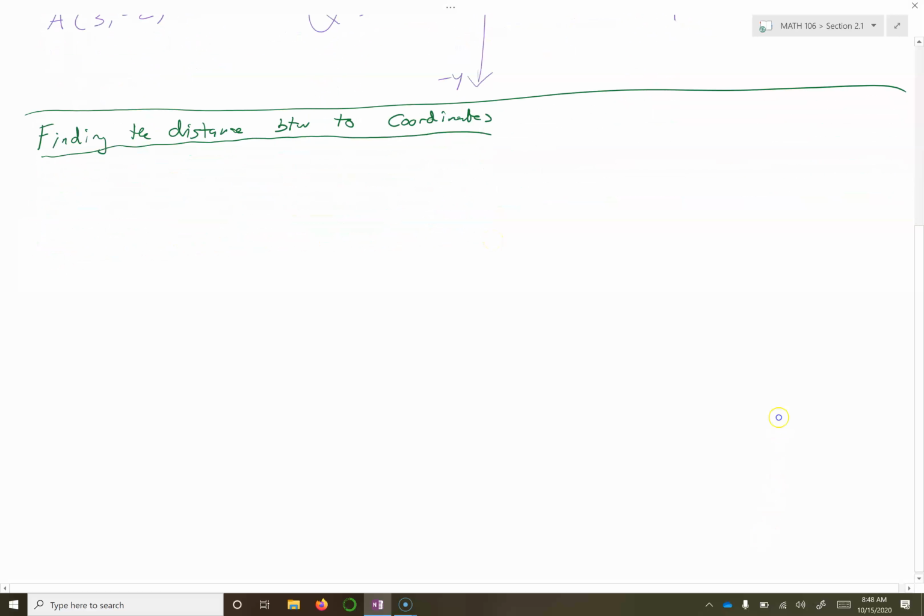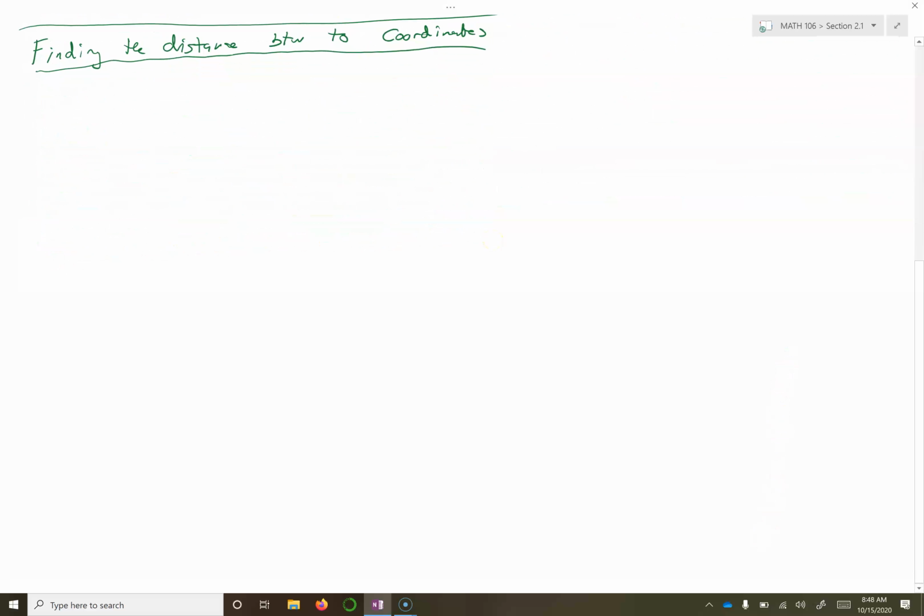Finding the distance between two coordinates. All right, so I'm going to give you a set of axes. On any quiz or exam, I'll give you a nice set, but just for the notes, we'll just draw them out. So let's label 2 points.